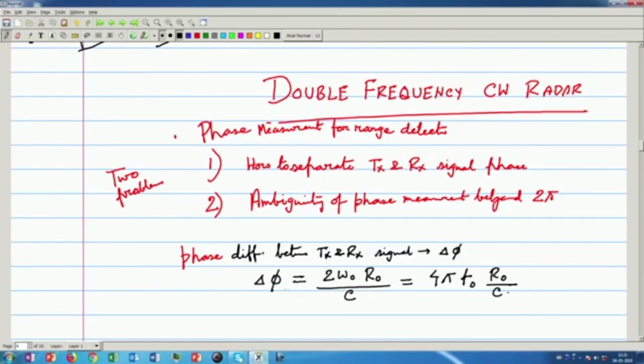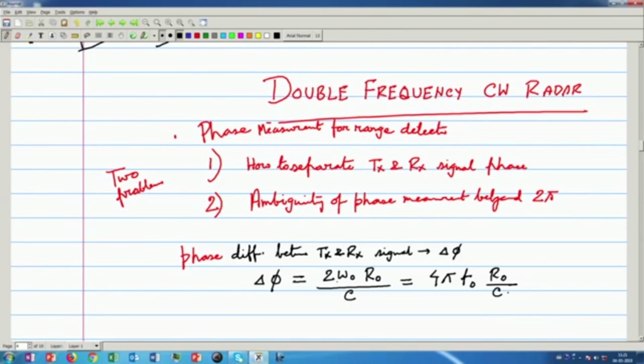So, I can have a phase detector, but then this whole thing I need to restrict, delta phi should not be more than 2 pi.